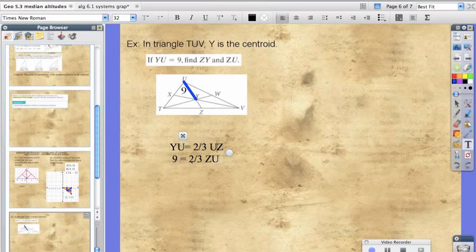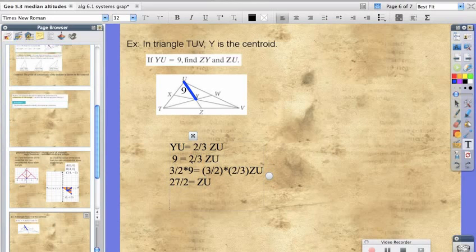Or they're saying ZU. Now if that's the case, we're going to flip and multiply. So we're going to multiply 3 halves to 9, and 3 halves to 2/3. This would give us 27 halves equals ZU. So now we found ZU. ZY is what's left over.